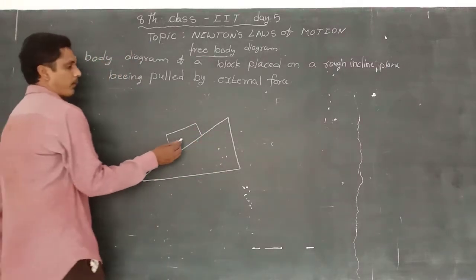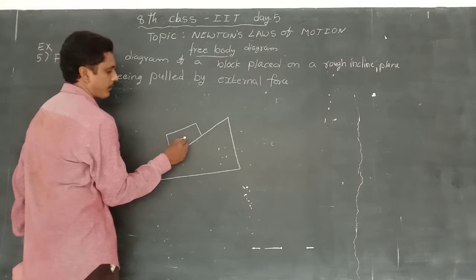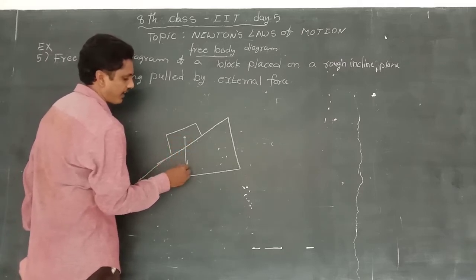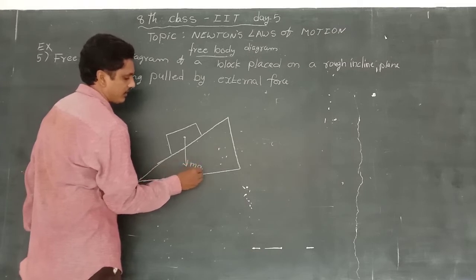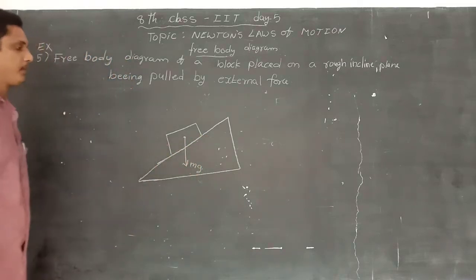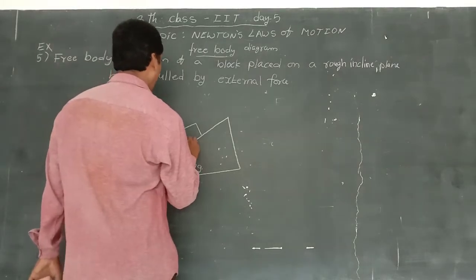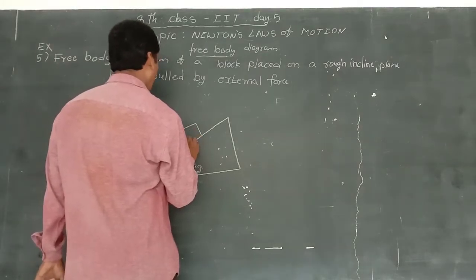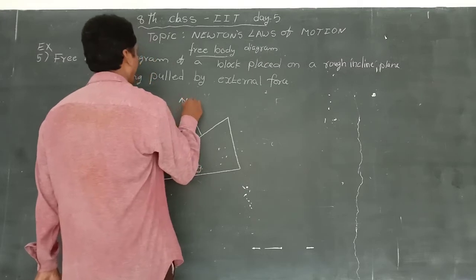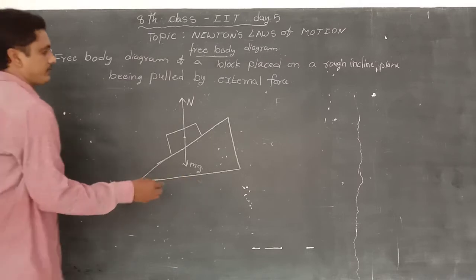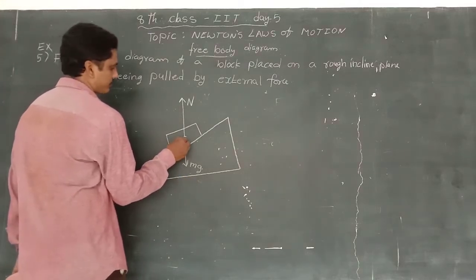The weight of the body acts vertically downward. The normal reaction acts normal to the inclined plane.